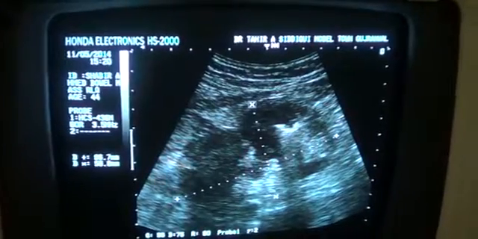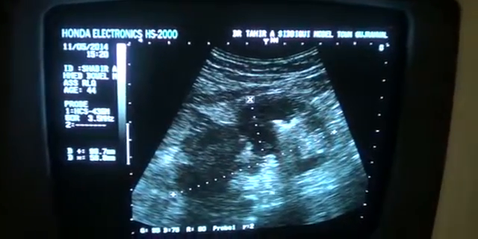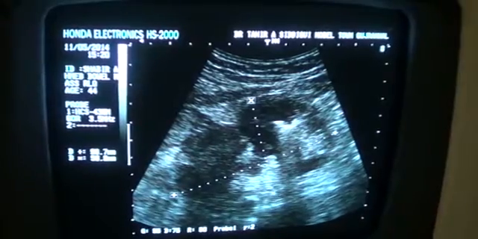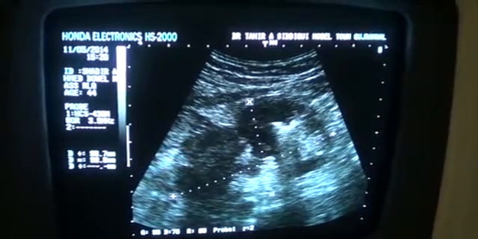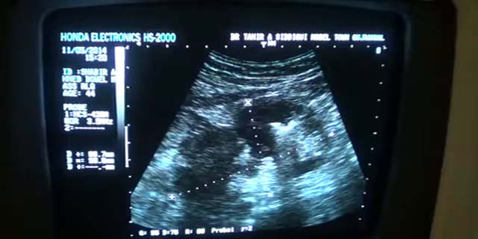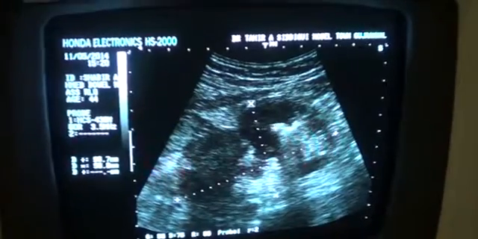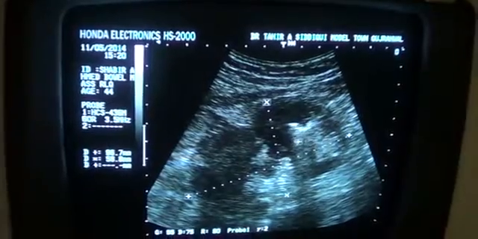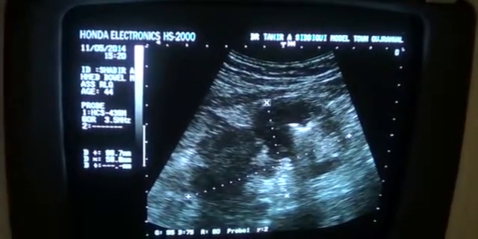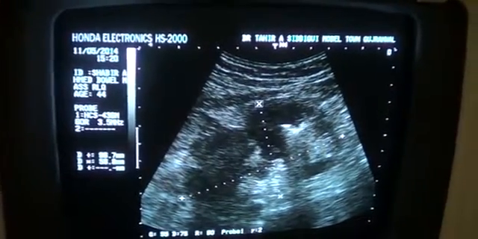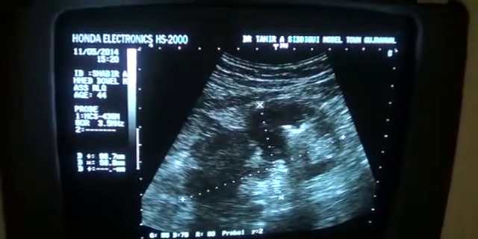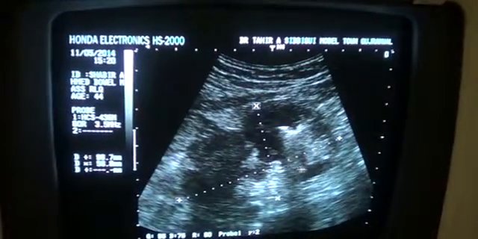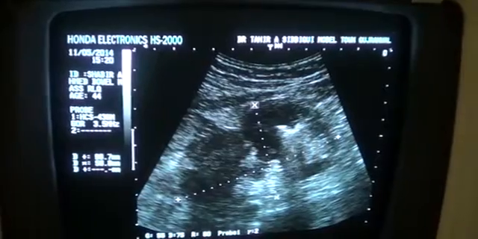Here it is. Now the measurement is something around 9.6 by 5.8, and I will take it as the correct dimension. This is the trapped air within the bowel segment, and this is giving dirty shadow. This is a dirty shadow, this one.